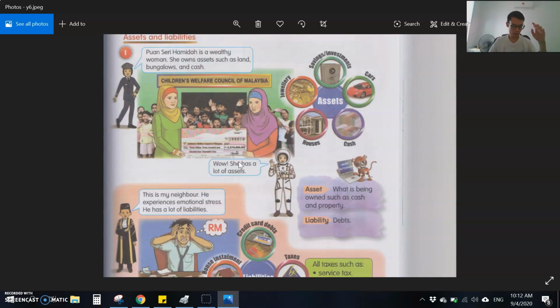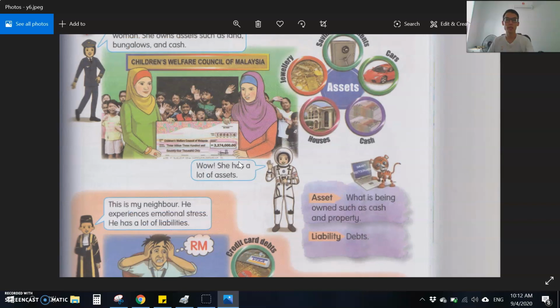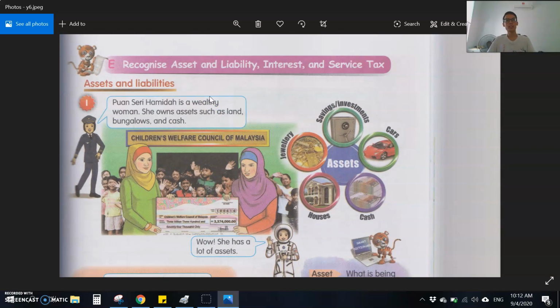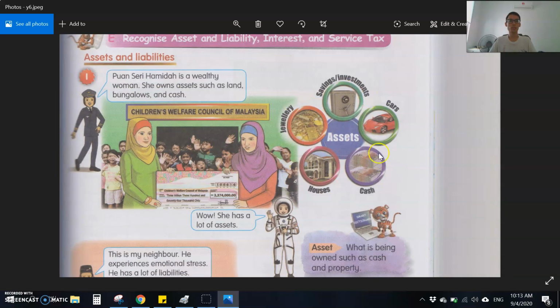This is page 79 in your textbook, muka surat 79. We're going to look at asset and liability, interest and service tax. Asset and liabilities. What are assets? Look at this diagram over here. Assets is something you own, such as cash and property.